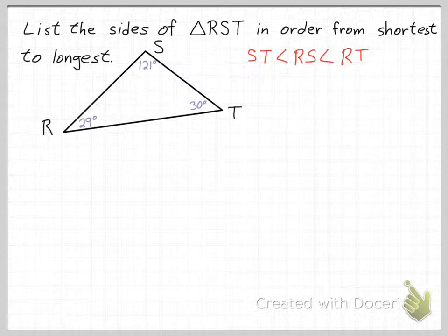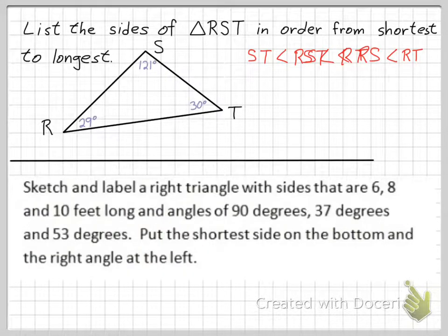Okay? Makes sense? Okay, moving right along. I would like you now to sketch and label a right triangle with sides that are 6, 8, and 10 feet long and angles of 90 degrees, 37 degrees, and 53 degrees. Put the shortest side on the bottom and the right angle at the left. Okay?